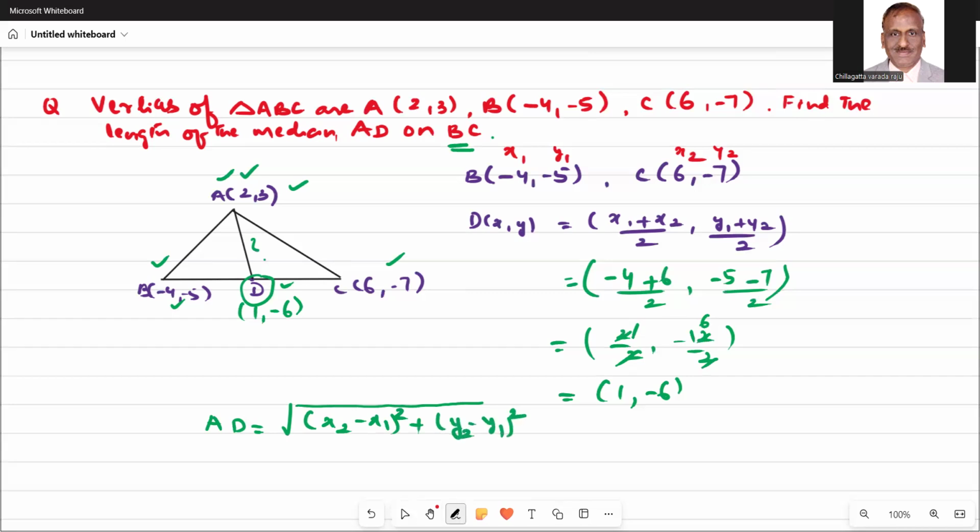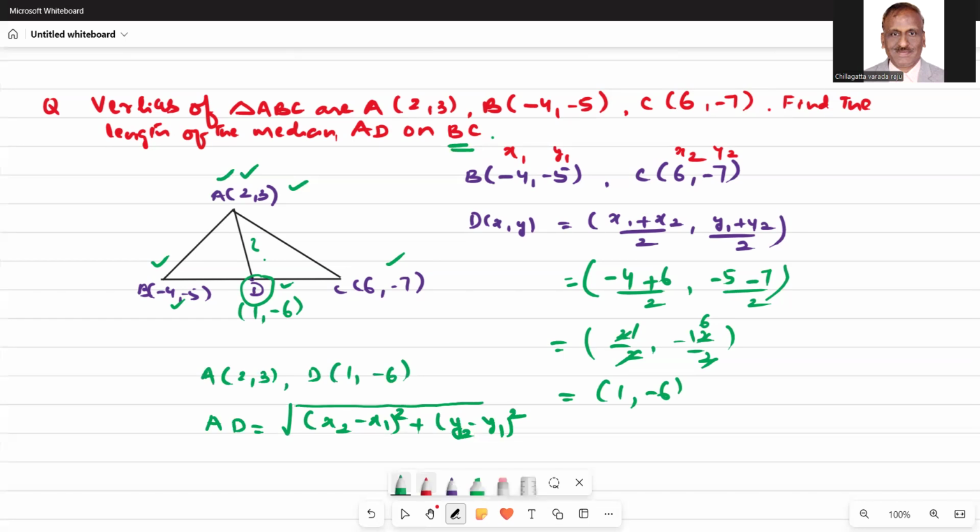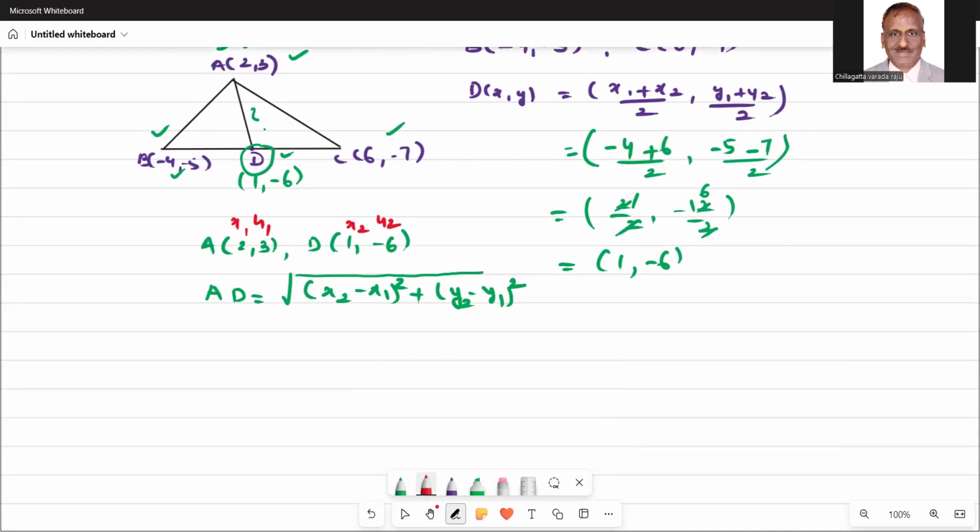What are the coordinates of A and D? We'll write once again: A is (2, 3) and D is (1, -6). Let me label these values as x1, y1 and x2, y2, and substitute them in the formula.